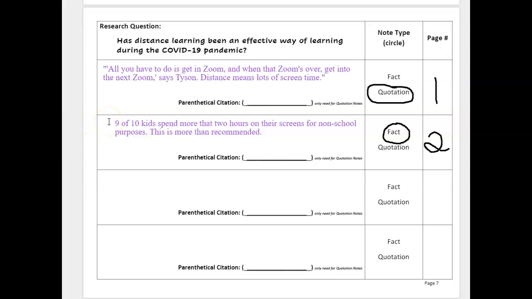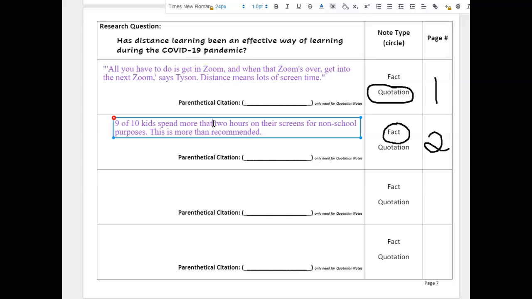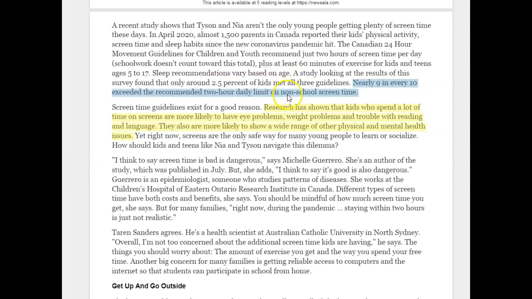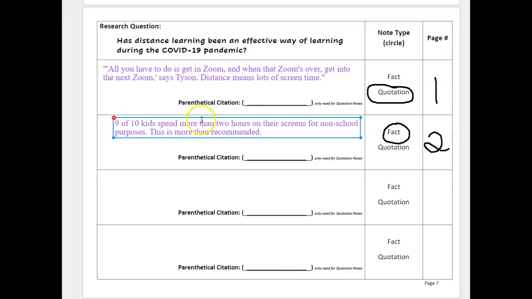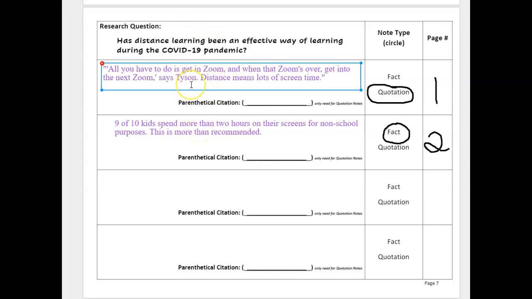Here is my paraphrase of that same fact, which means I have put this in my own words. 9 of 10 kids spend more than 2 hours on their screens for non-school purposes. This is more than recommended. Same information, but now I have it in my own words. Only opinions should be copied word for word.